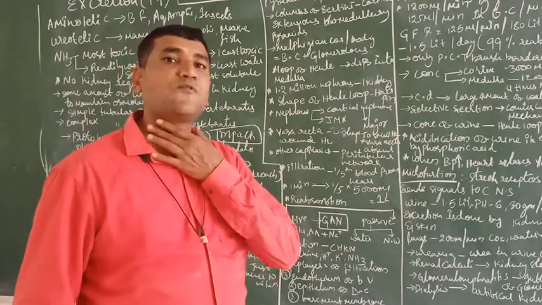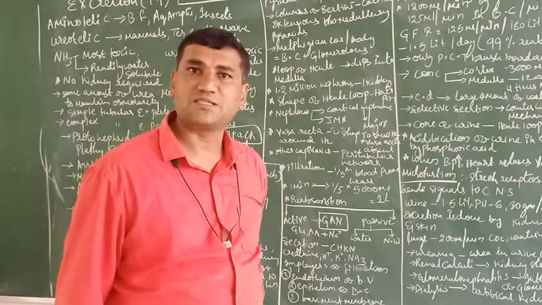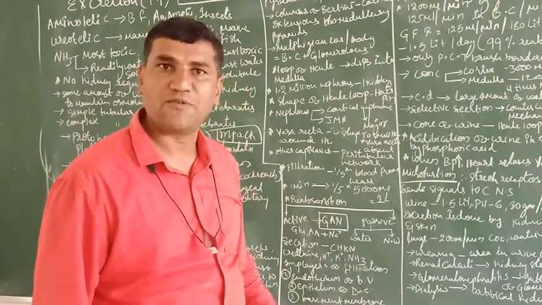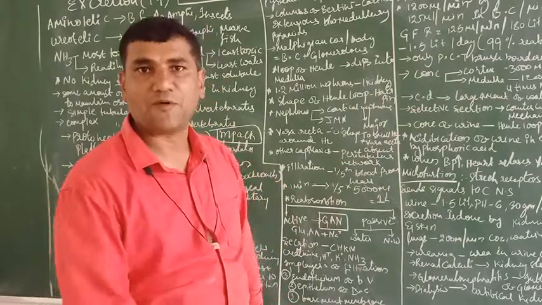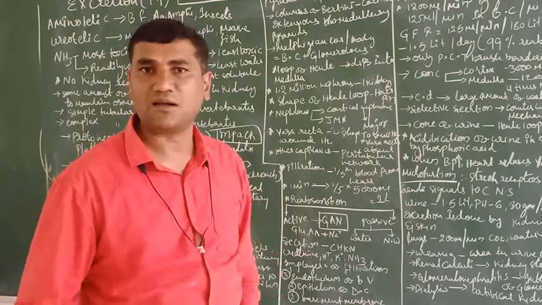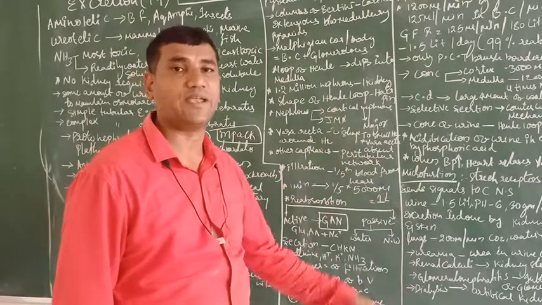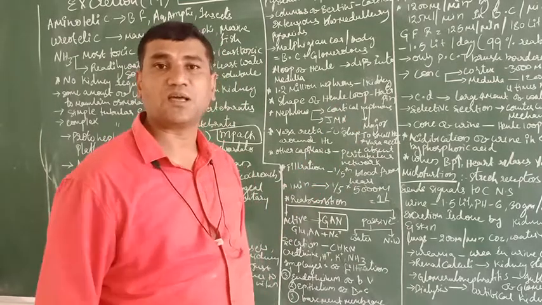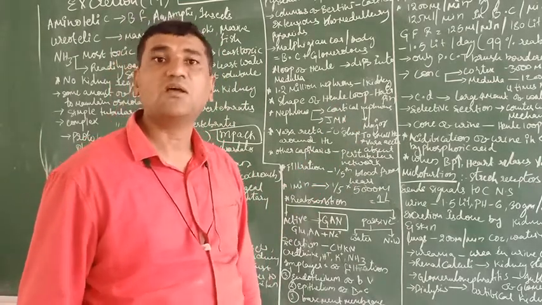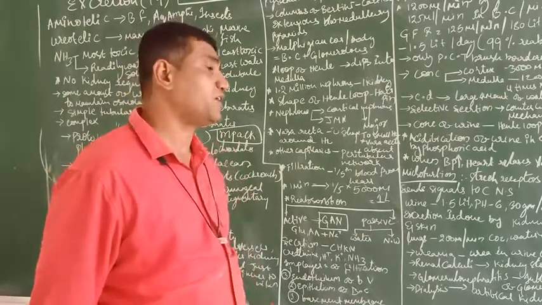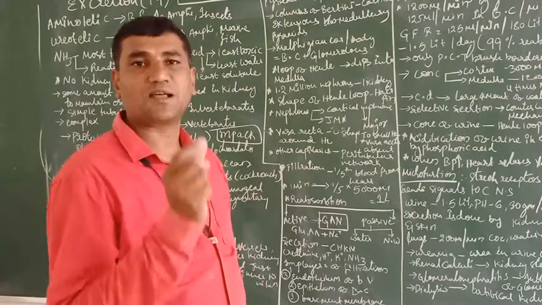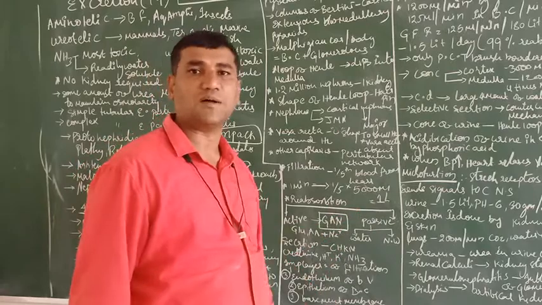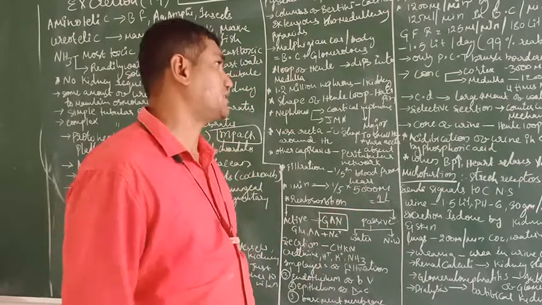Coming down from the proximal convoluted tubule it is called the descending loop of Henle, and when it goes up, forming a hairpin-like structure, it is called the ascending loop of Henle, which is connected to the distal convoluted tubule, and this is connected to the collecting duct.